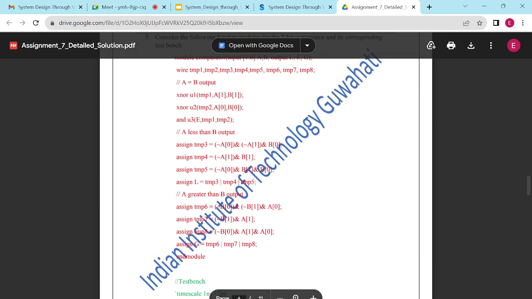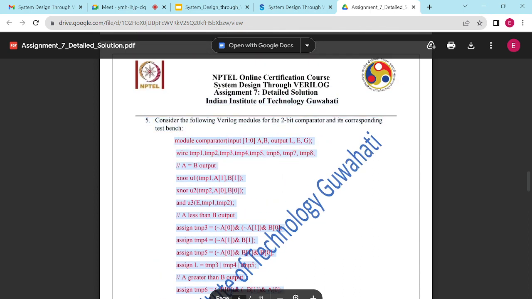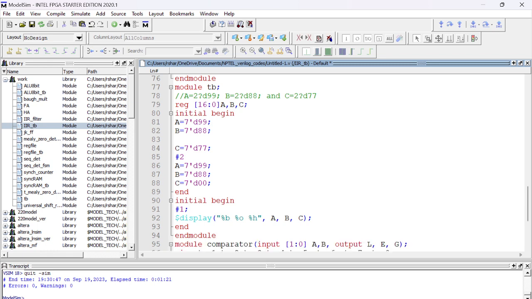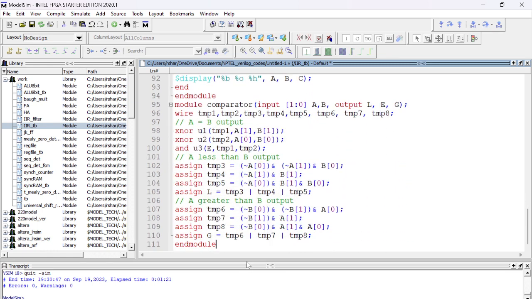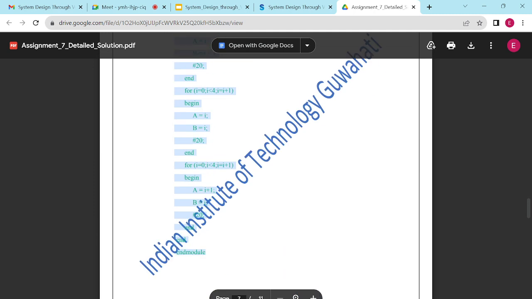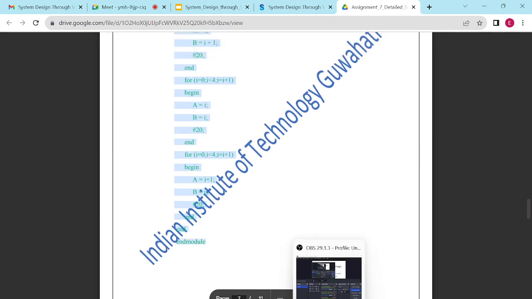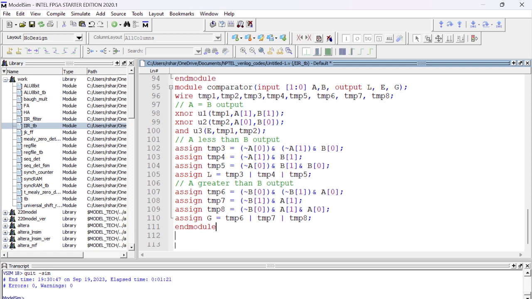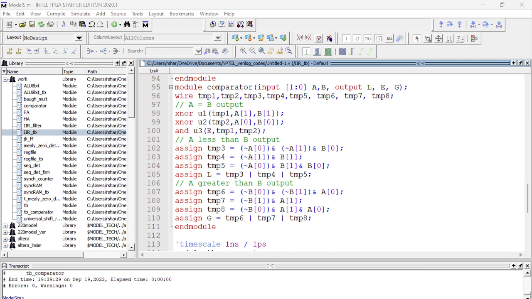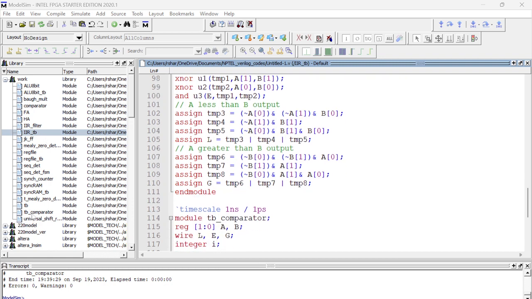Maybe you can, if you simulate it. This is the comparator.